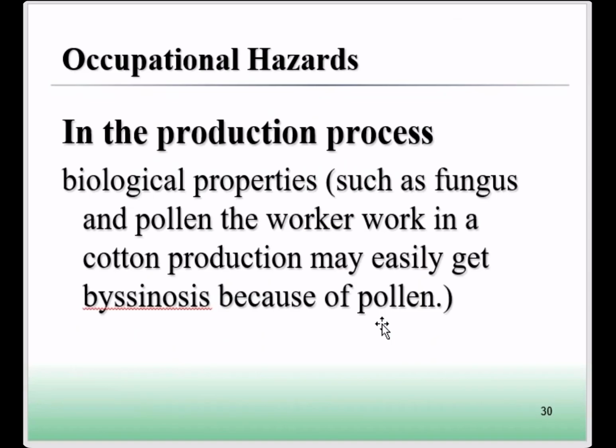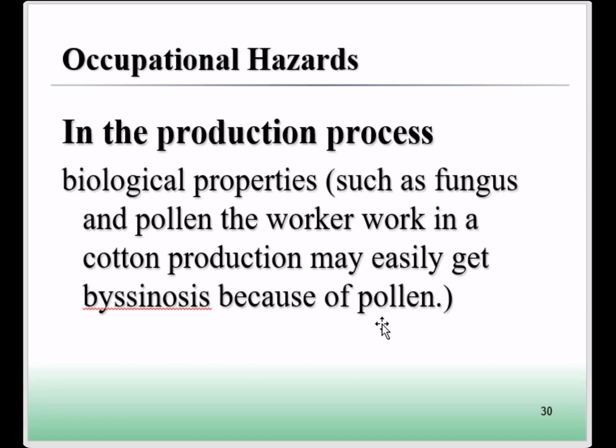Also, in the production process, you may find biological properties such as fungus and pollen. Workers in cotton production may easily get pollen disease. For example, we have a disease called Monday fever. When the workers go to the factory on Monday, they get a fever.